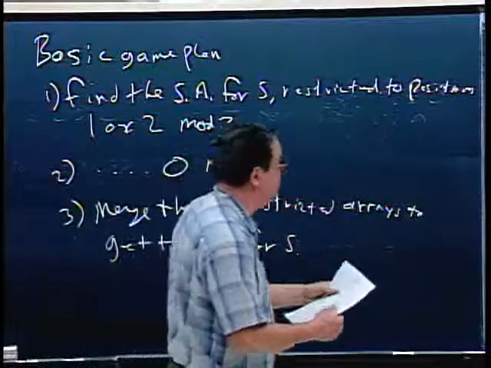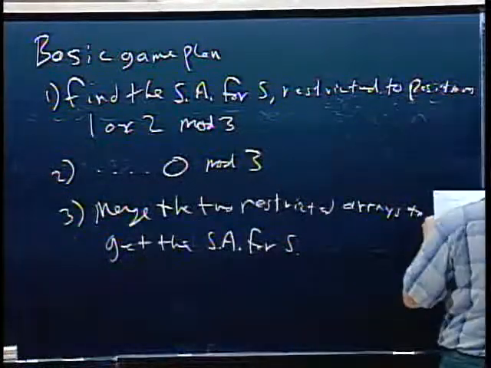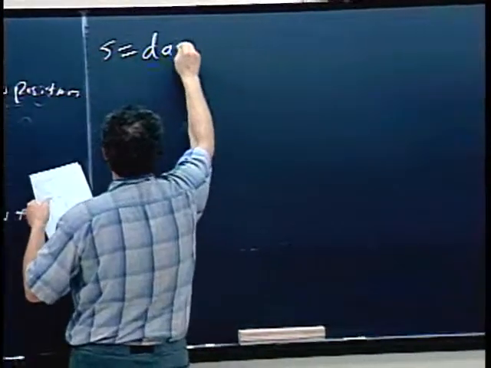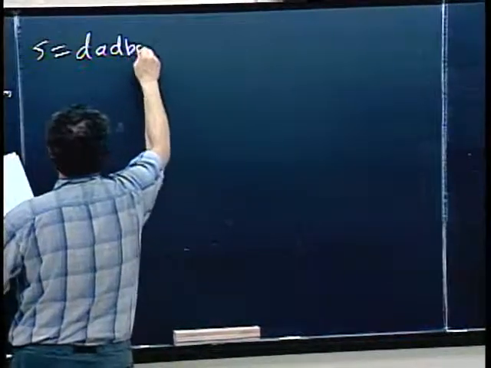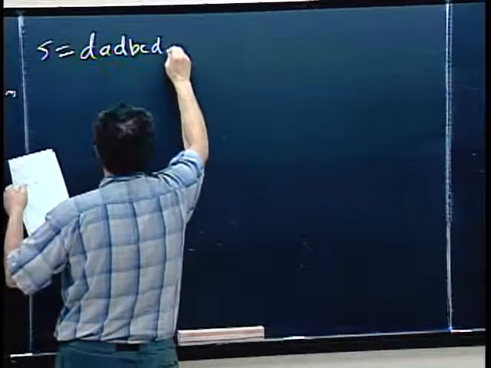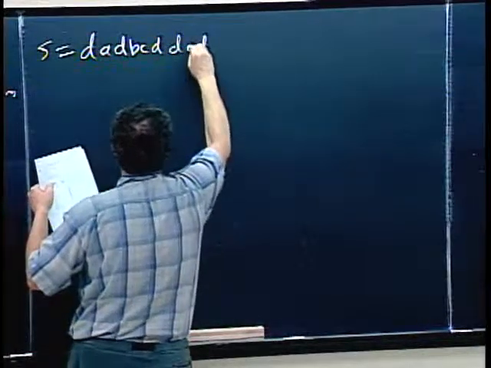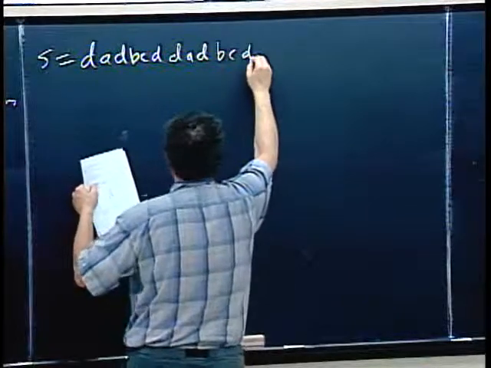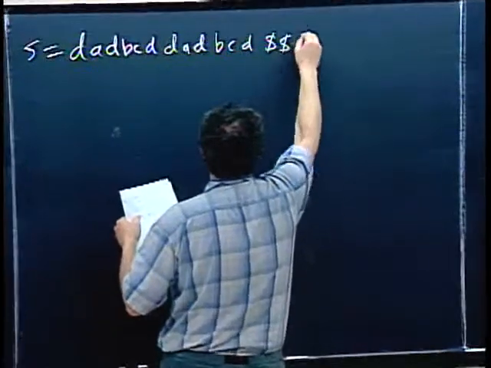Okay, so I'm going to have a longer example here. DAD, BCD, DAD, BCD, and then we're going to put $3 signs at the end.